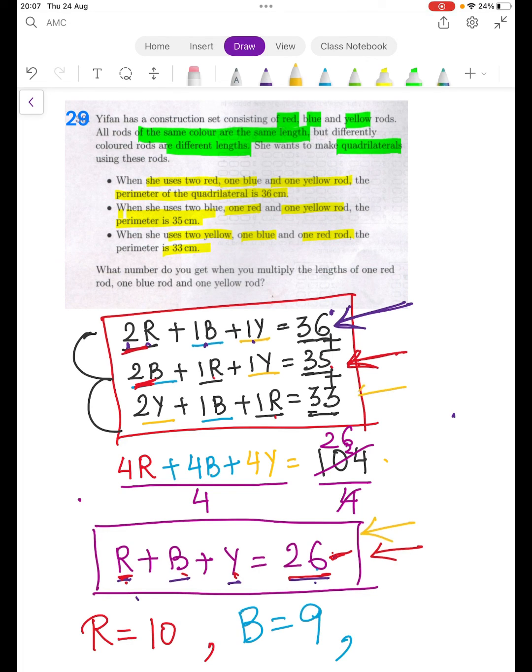Similarly, if we compare again this equation to our third equation here, we just added another yellow to this equation, and this changed from 26 to 33. We already had a red, blue, yellow. Red, blue, yellow. We added another yellow, and it changed to 33. That means yellow must be 7.